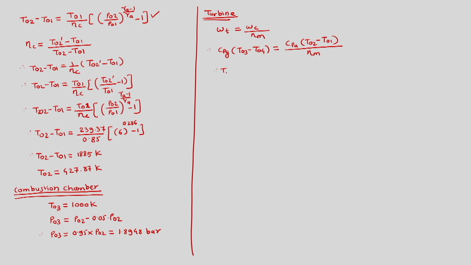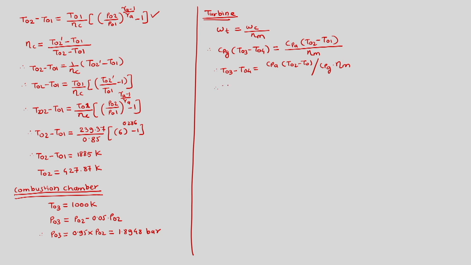So we can find out temperature change in the turbine as Cp of air into (T naught 2 minus T naught 1) divided by Cp of gas into mechanical efficiency.